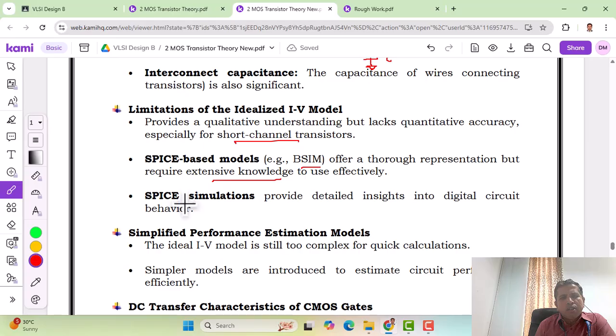Other simulations are SPICE simulations. SPICE stands for Simulation Program for Integrated Circuit Emphasis. It is a very popular tool to simulate the transistor that provides detailed insights into digital circuit behavior. Okay, so that's something with reference to the idealized IV model.